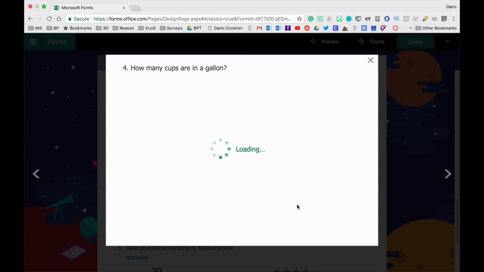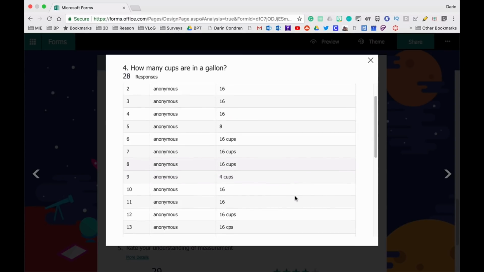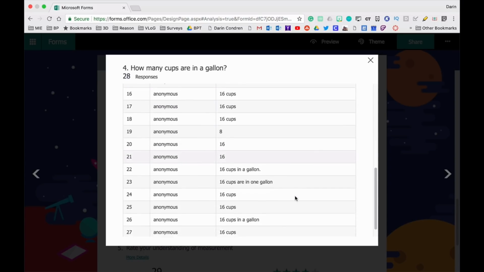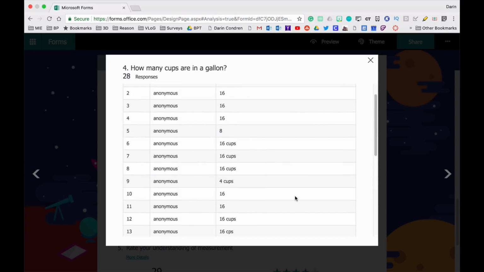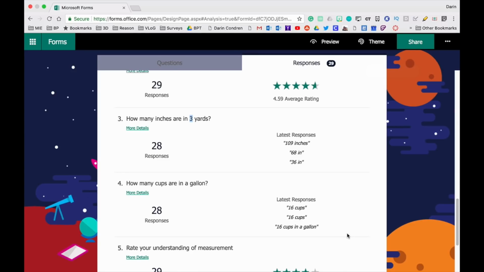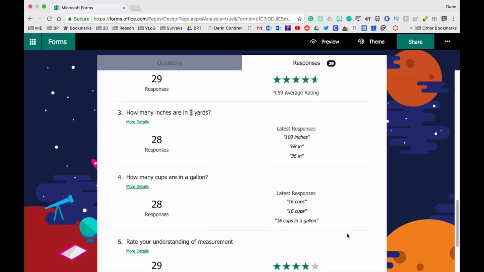Let's look a little deeper. If we go in here, we can see everybody's answers. Still a variety of answers, but for the most part, 16 is pretty good, right? So what would you do at this point? At this point, you're probably okay to continue moving forward and maybe pulling these people that answered incorrectly, and you can pull them into a little small group and then clear up any misunderstandings from that point on.